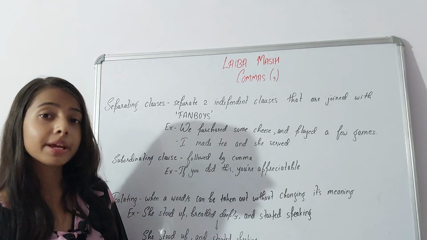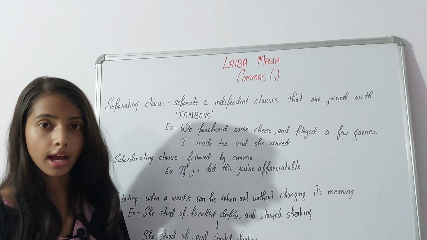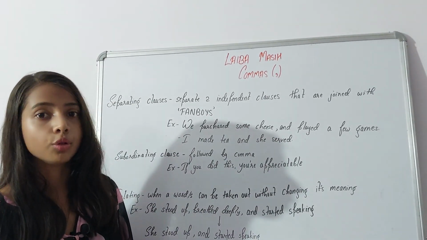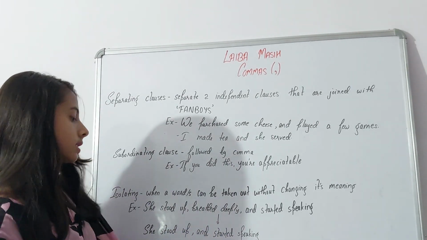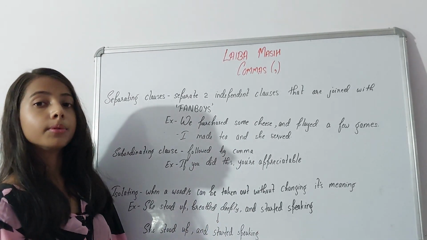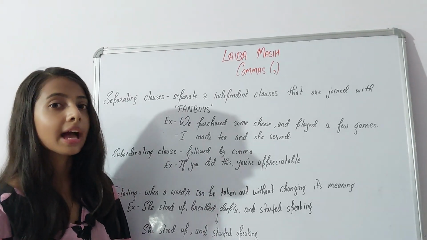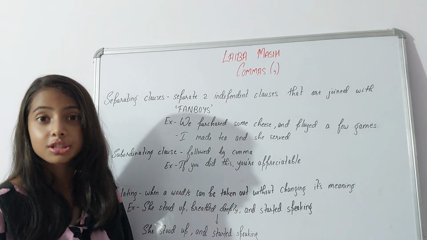Here you have to make sure that the comma is before the "and" and not after the "and", because if you write it after the "and", the sentence won't make even a little sense after removing those words. So we write the comma before the "and" and the sentence becomes, she stood up, comma, and started speaking. The meaning remains the same.